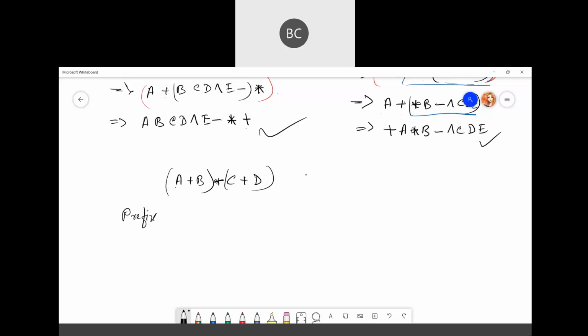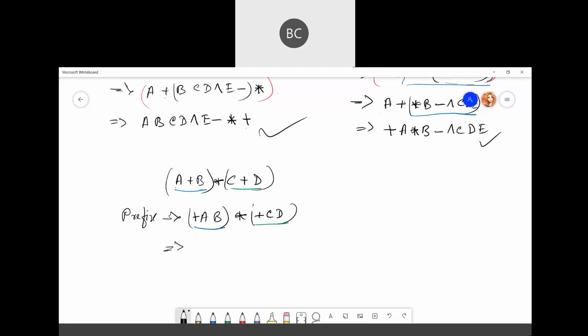I'll evaluate this part first: plus A B. At the same time, I can also evaluate this part: plus C D. For both brackets, this part is this and this part is this.